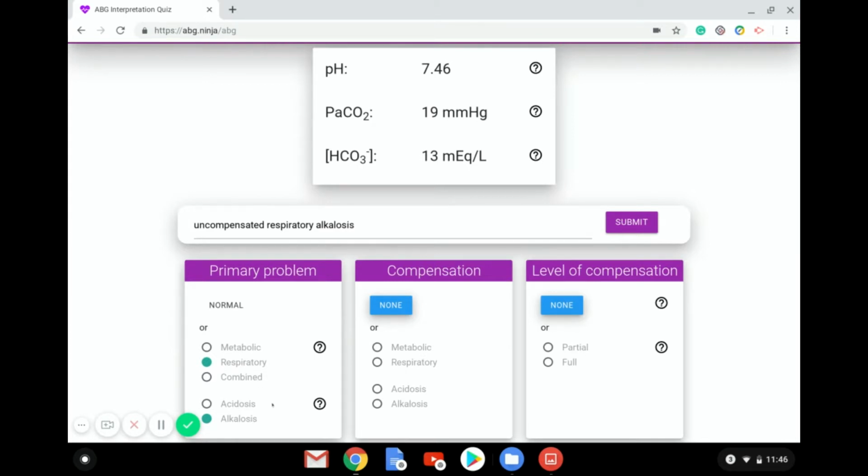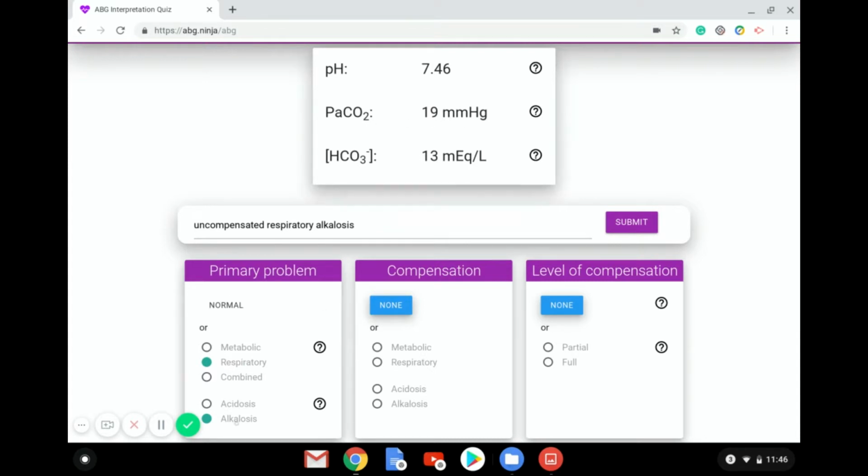Now we have to continue further and see whether or not this has compensation. Being that we used the pH and partial pressure of carbon dioxide to find the primary problem, we then go and look at the number that we didn't use, and that value is the bicarbonate ion concentration, and see that it is out of range. So what it is essentially doing is trying to fix the condition caused by the respiratory system.